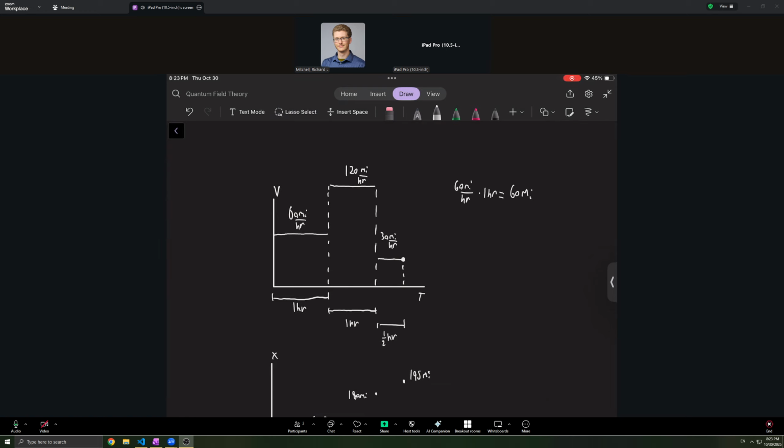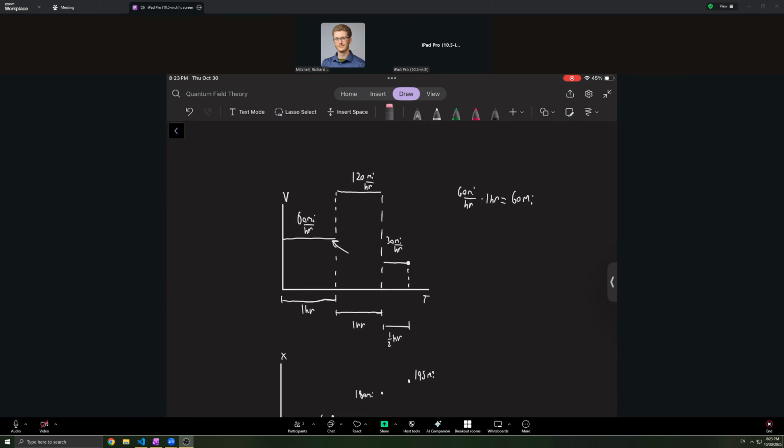You see here, the height of this thing would be 60 miles per hour. And if you look, the width of it looks to be 1 hour. Now what does it mean for a height to be 60 miles per hour and a width to be 1 hour? Well, it doesn't really mean anything.